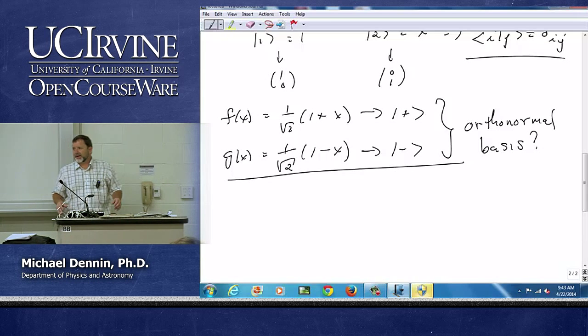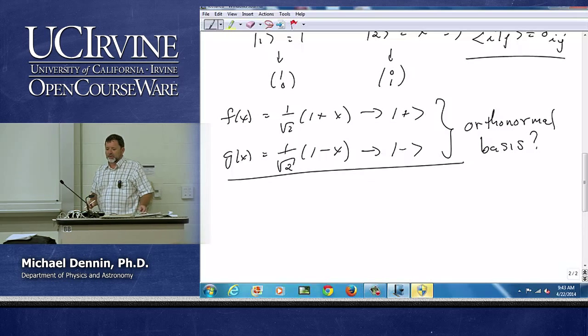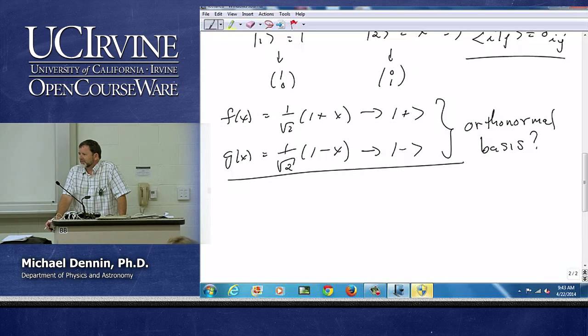Since I don't see a lot of writing, I'm going to assume we're fairly confused. How would I even start to answer this question? Well, let me ask you this. What does it mean for it to be an orthonormal basis? What four multiplications should I check?